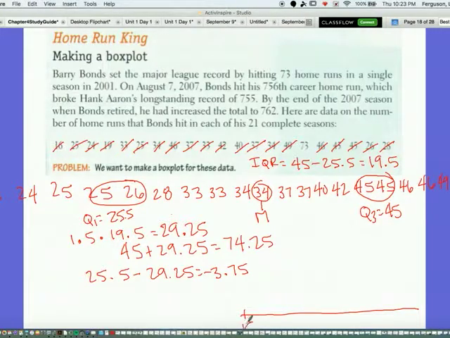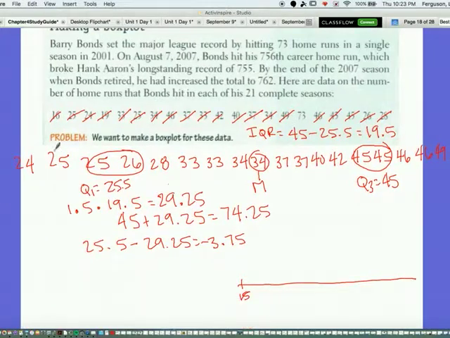So I have 15, and let's do it by 5. So 15, 20, 25, 30, 35, 40, 45, and I need to make sure that I go to 75.